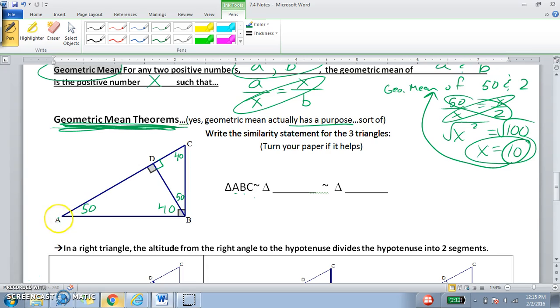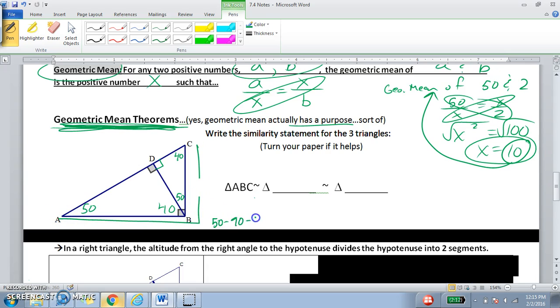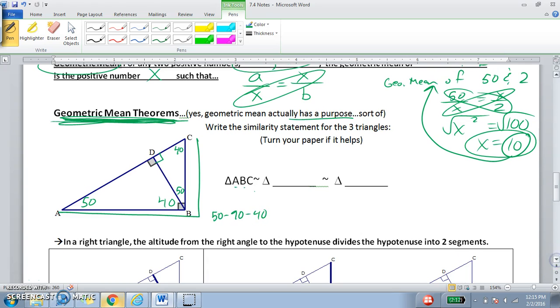So we're going A, B, C, which means we're going from the 50-degree angle to the 90-degree angle to the 40-degree angle. So let's do that for the other two triangles. Starting with this one, we'll go from the 50, which is A, to the 90, which is D, to the 40, which is B. And for this other triangle, we start at the 50, which is B, go to the 90, which is D, and then to C, the 40.